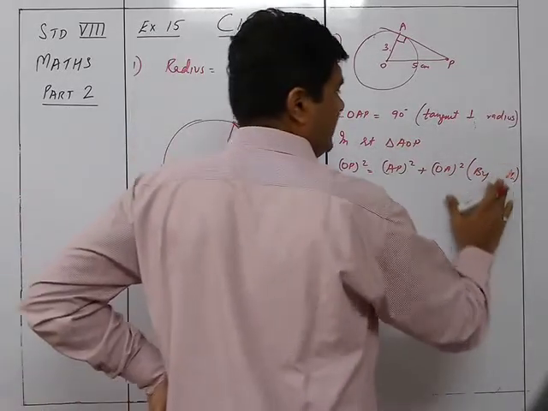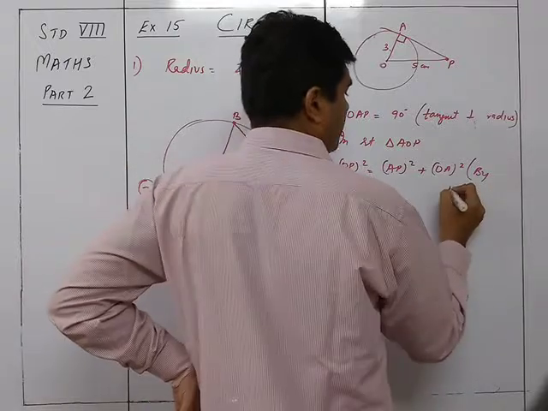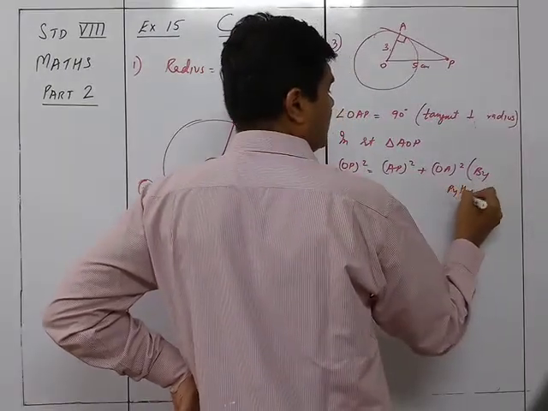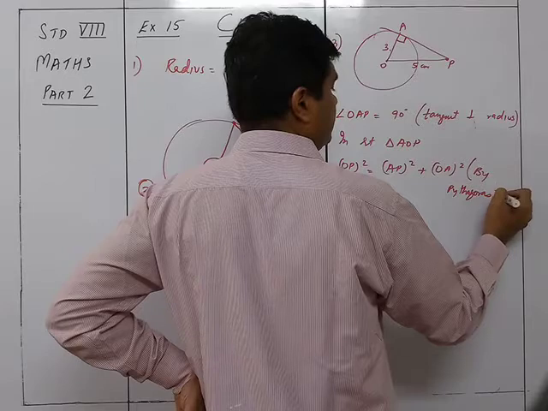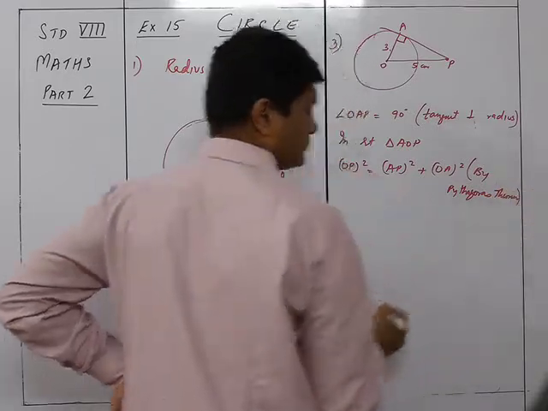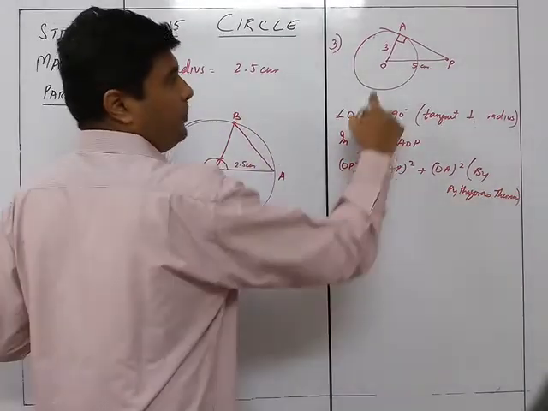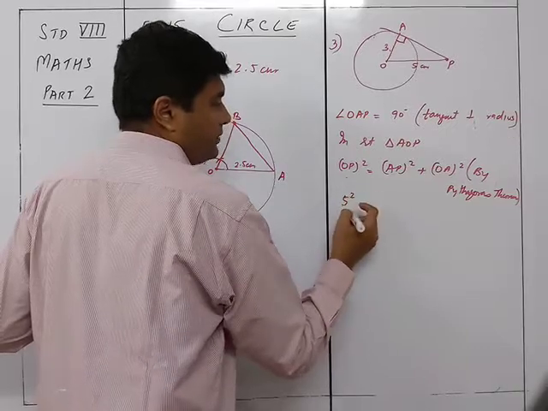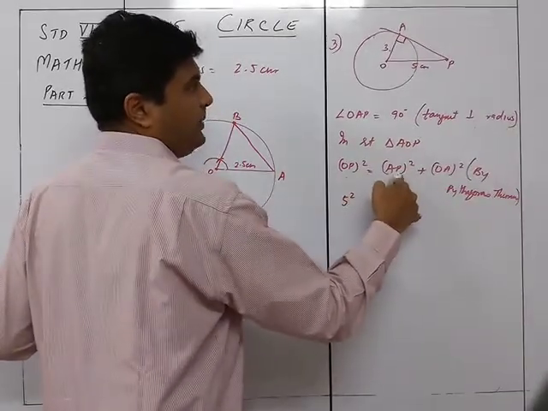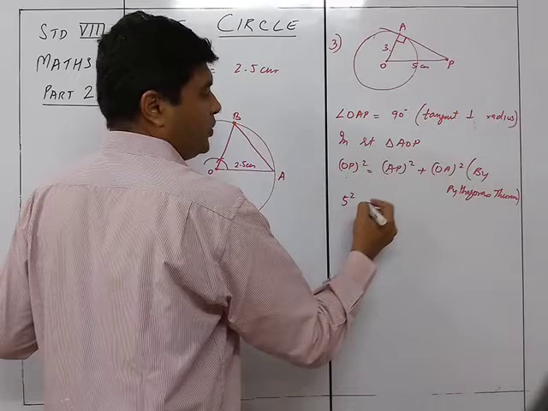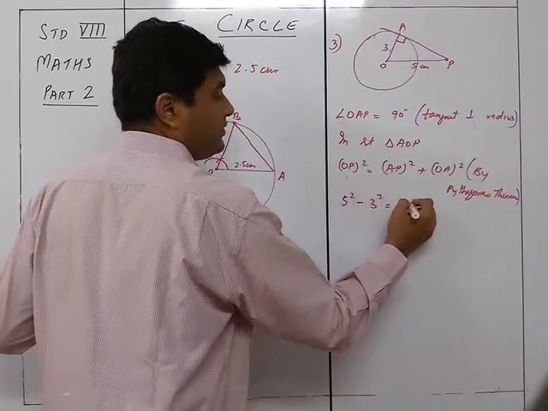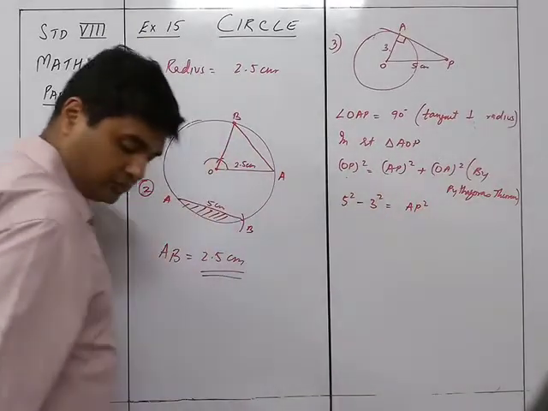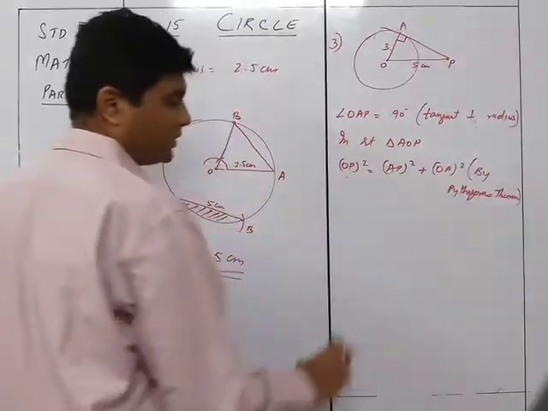Okay, this is by Pythagoras theorem. I know that OP is 5, so 5 square. AP is what we need to find out, and OA I know, so bring it over here. So minus 3 square is equal to AP square. Let me show you all the steps so that there is no confusion.